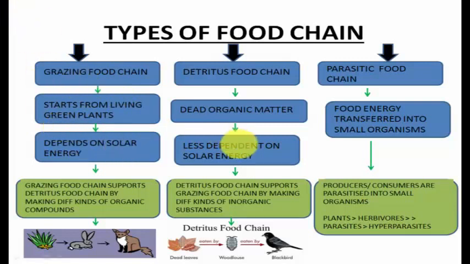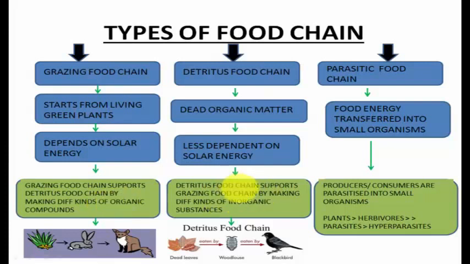However, the detritus food chain does not directly depend on the solar energy, but it is indirectly dependent, or we can say it is less dependent on the solar energy. This grazing food chain supports this detritus food chain by making different kinds of organic compounds, because it is only the green plants which produce the organic compounds, right?